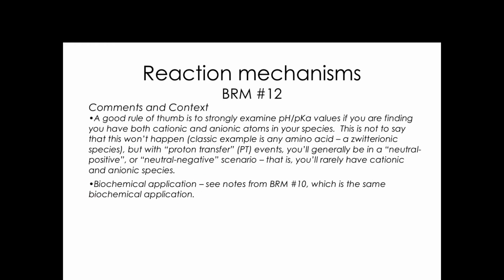Biochemically, we already talked about this application. Refer back to reaction mechanism 10, but the chemistry that we're seeing here has application with carbohydrate cyclization when we form hemiacetals and hemiketals, and then polymerization when we form acetals and ketals. So this set of mechanisms, 10, 11, 12, and 13, are really looking at the reversal of that.